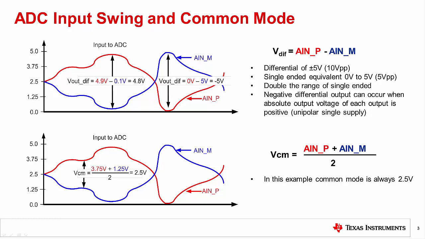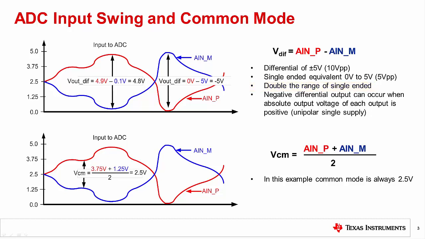On the other hand, if ANP equals 0 volts and ANM equals 5 volts, then the differential voltage is 0 volts minus 5 volts or negative 5 volts differential. Even though the input range of each input is 0 to 5 volts, the differential input range is plus or minus 5 volts. In general, the differential input will be double the input range of each input.